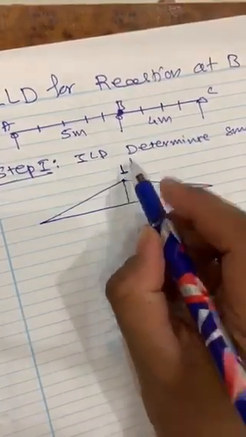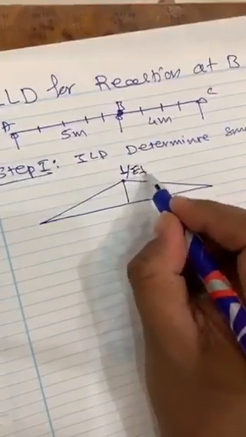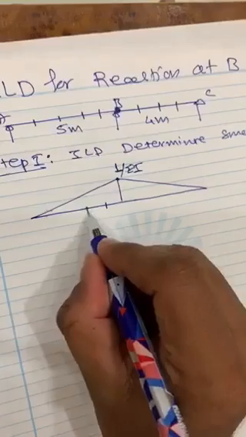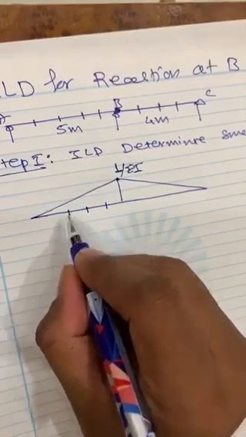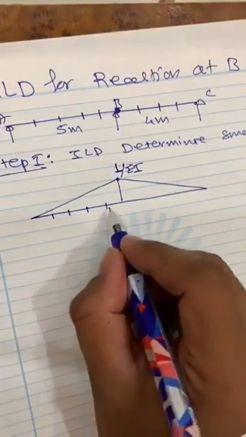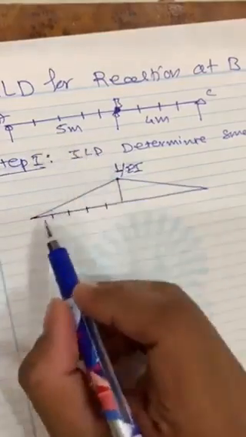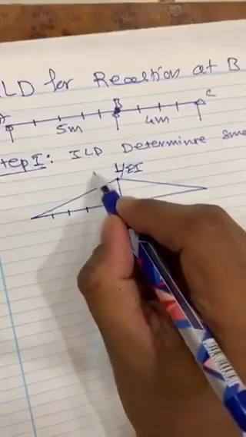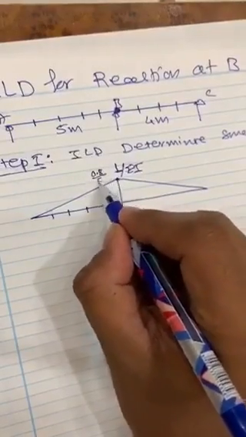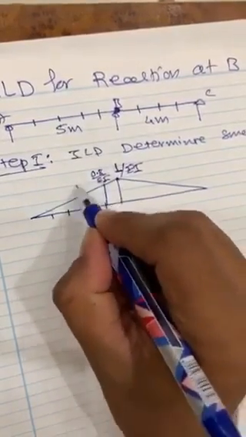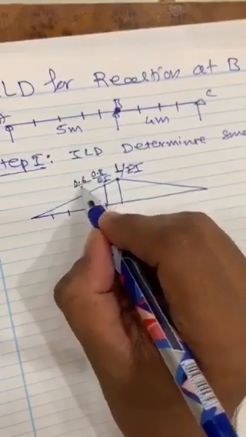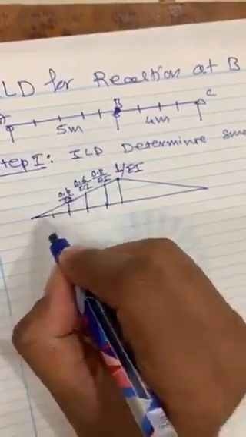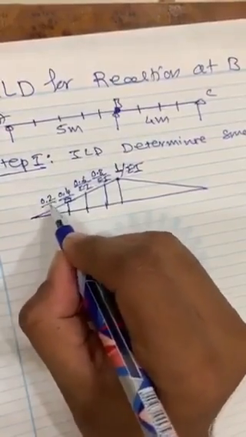So that means this will become 1 by EI displacement, and then you have to take 5 intervals, 1, 2, 3, 4 and 5. This is 1, then this will be 0.8 by EI, this will be 0.6 by EI, this will be 0.4 by EI, and this will be 0.2 by EI.